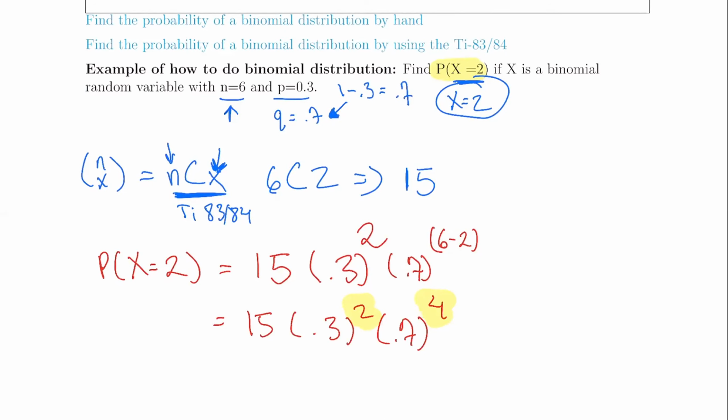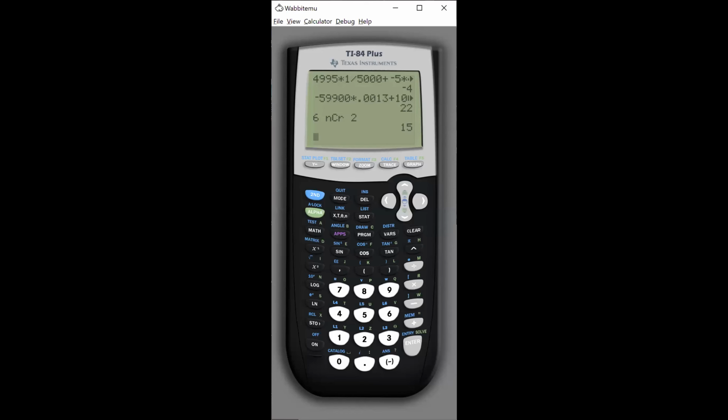All right. So I'm gonna switch over to my calculator so you can see how I enter it into my calculator. But then that will be it for that problem. So you do 15 multiplied by 0.3 to the second power, and you multiply that by 0.7 to the fourth power.